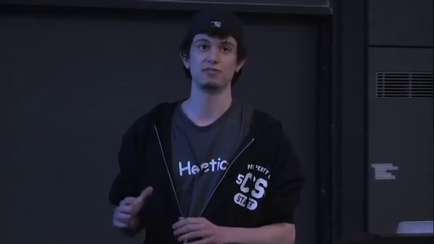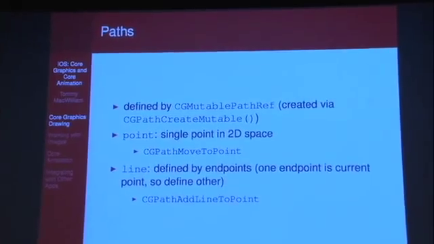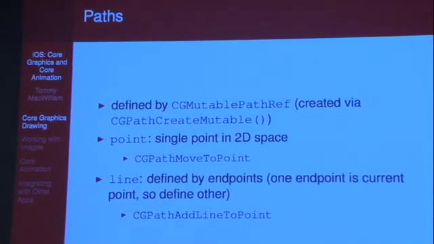The first thing we'll need to learn about are paths. A path is simply a set of points that you can connect in different kinds of ways. The basic data structure for paths is CGMutablePath. Again, this is just a standard C struct. You create them not with something like alloc init, but with the C function CGPathCreateMutable.